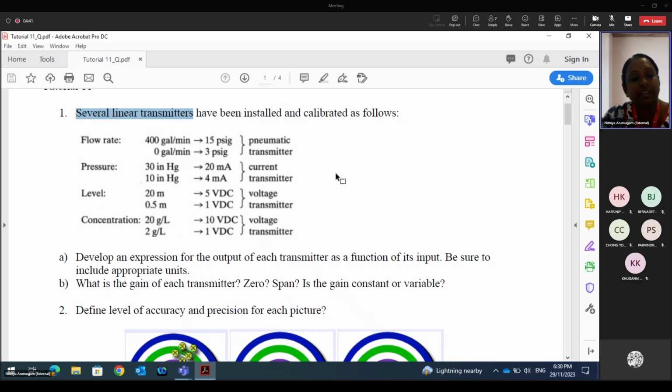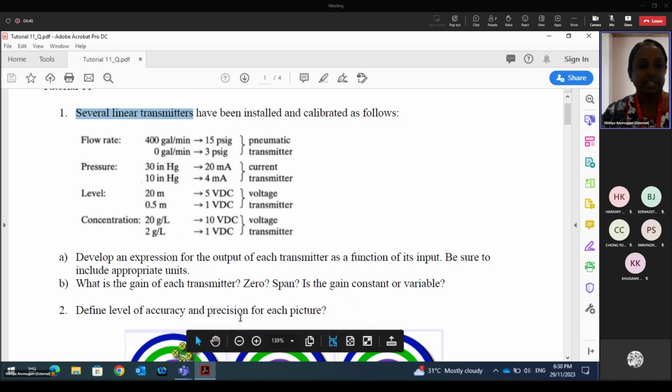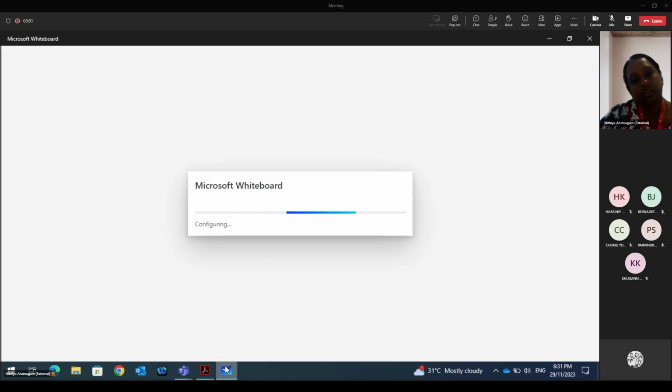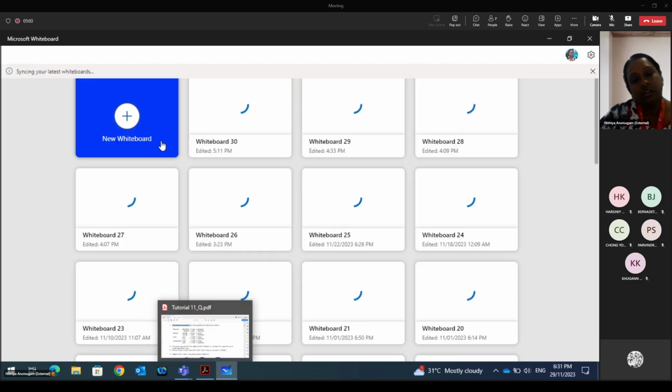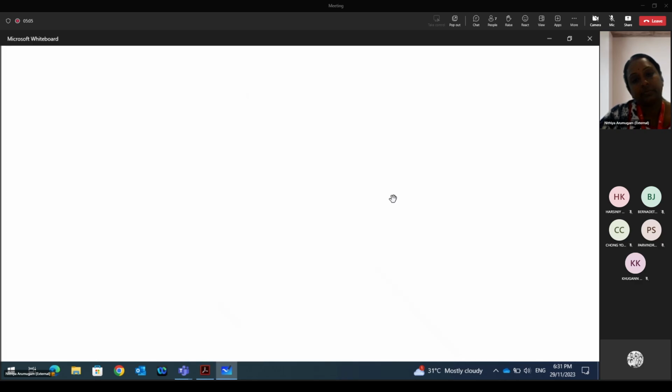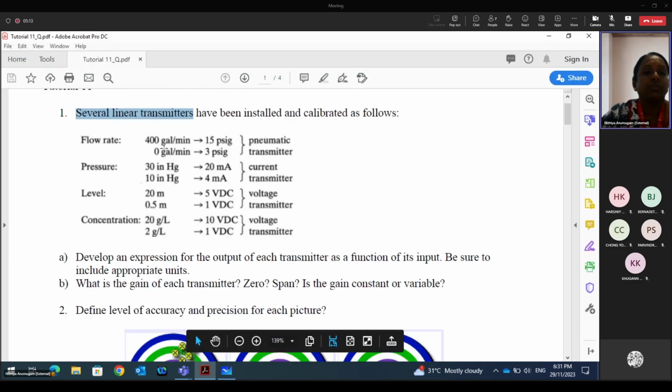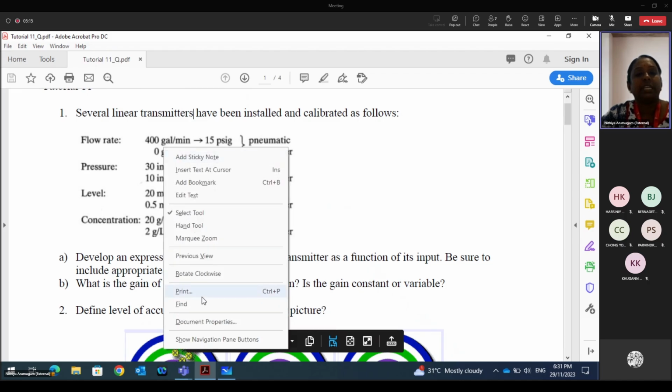So if you remember, we have the linear function for the transmitter. All right. So we need to develop a linear function.